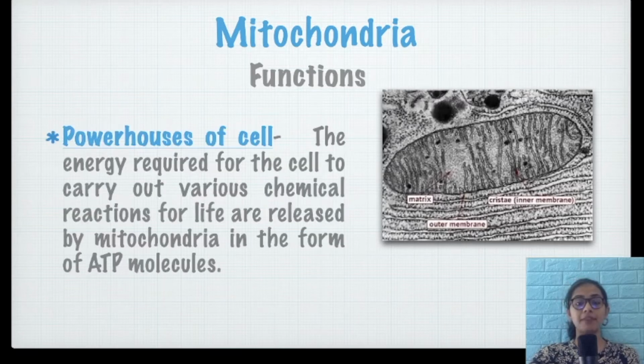Mitochondria are called the powerhouses of cells. So what does a powerhouse do? It generates energy. The same way, even mitochondria generate the energy for the cell to do its various chemical and mechanical functions. How is this energy released by mitochondria? In the form of ATP molecules.